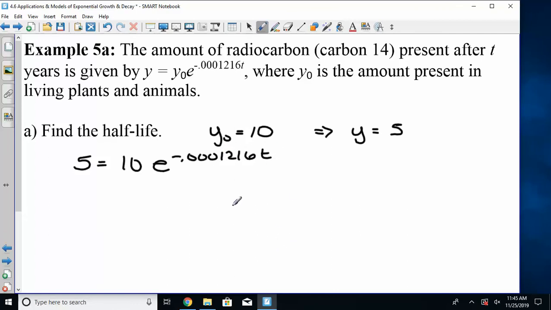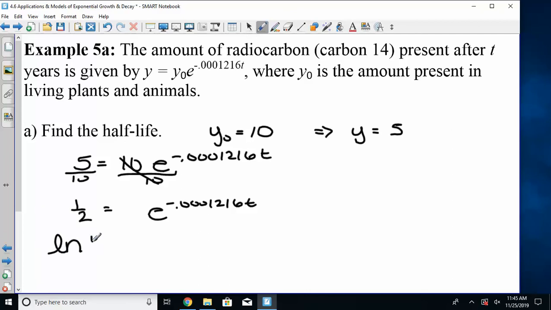And we are trying to solve for T here. So you divide by 10. Then what? Add our natural log. We know the natural log of E is 1, so that drops and your exponent will come down.